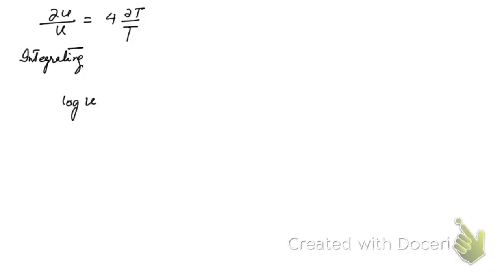Log u is equal to 4 into log of t, and there must be an integrating constant. Let me write this one as log a, because these are in log. So log a is the integrating constant.